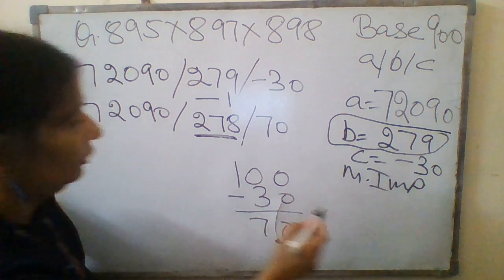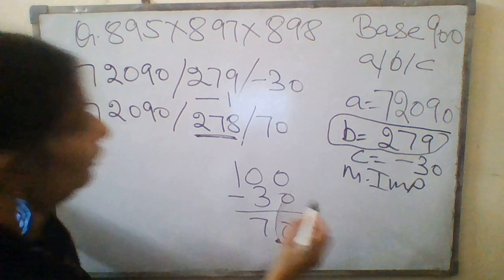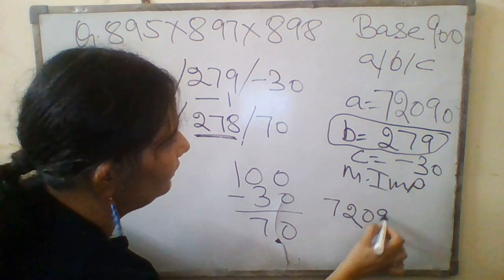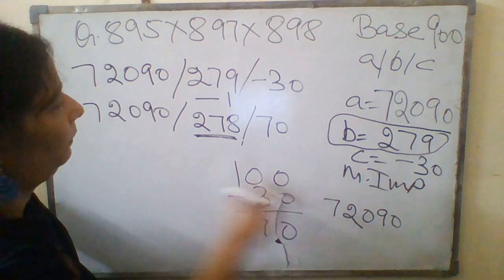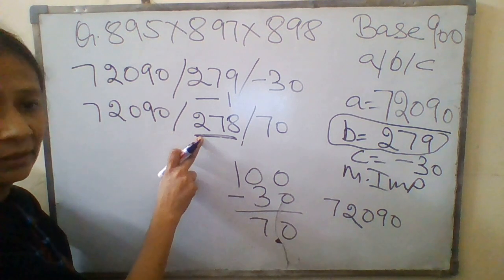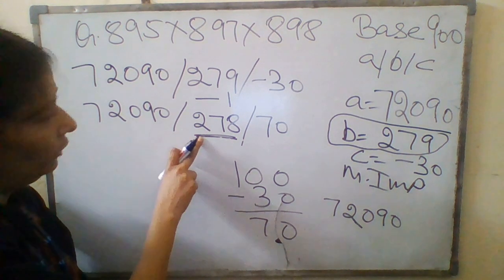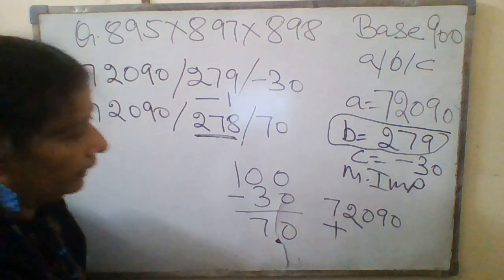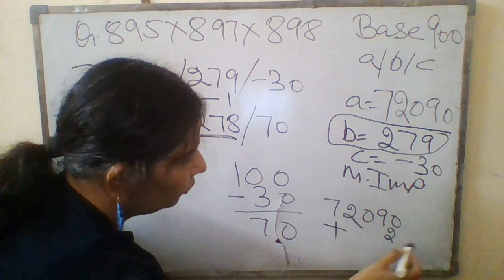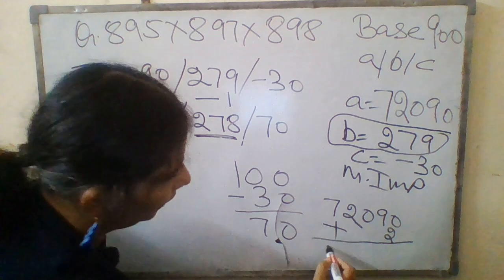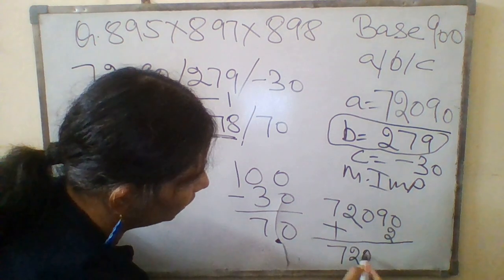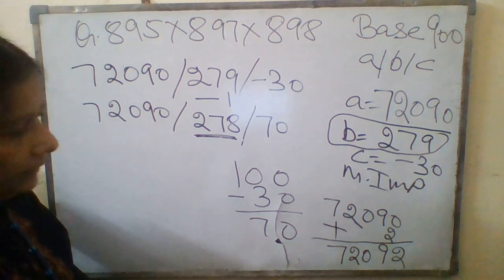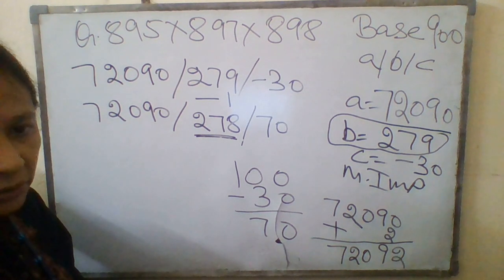So what will you do here? See, in A part, what is with you? This is 72090. You have this in your A part, and 2 is extra. So what will you do with this 2? You will add, okay? You will add this 2 with your A part. So what will you get here? 72092. Okay, when you will add this, you will get here 72092.